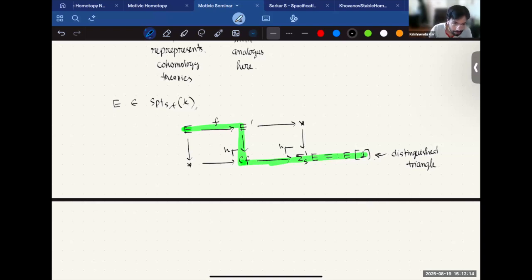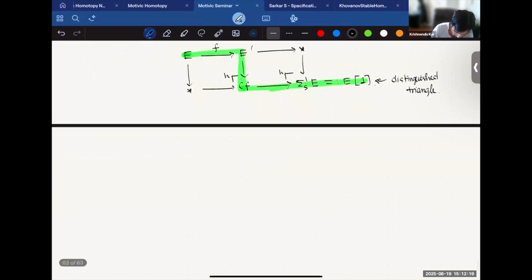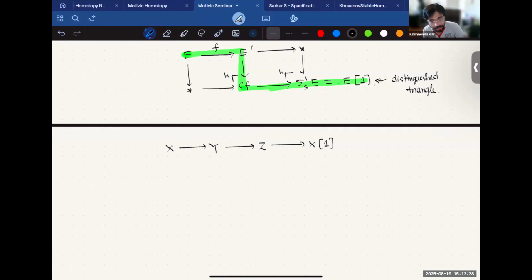In general, if I have a distinguished triangle, x, y, z, x with a shift of 1, what do I mean here by this diagram?